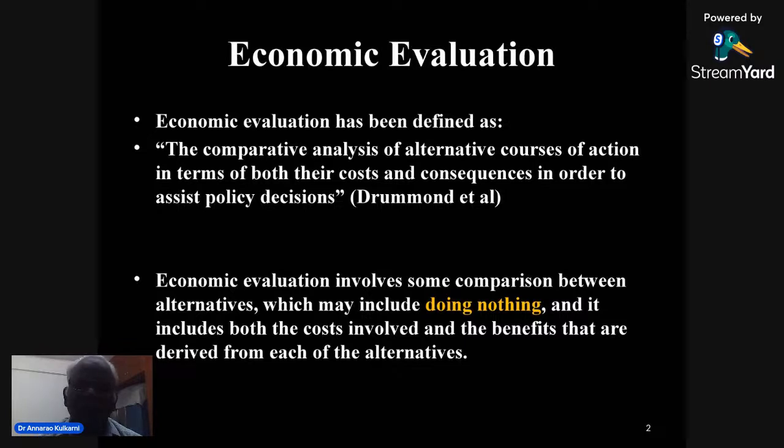Economic evaluation involves some comparison between alternatives, which may include doing nothing. This is an important alternative in some situations. We will discuss this when we take one example, and it includes both the costs involved and the benefits that are derived from each of the alternatives.